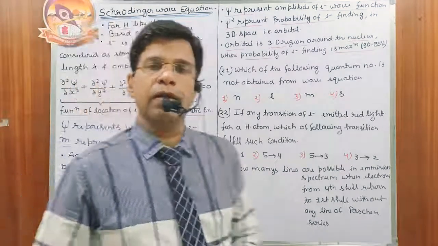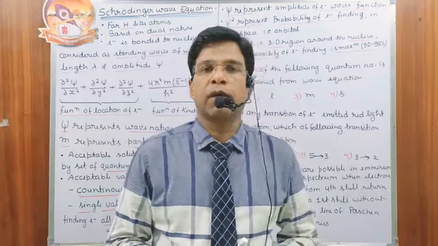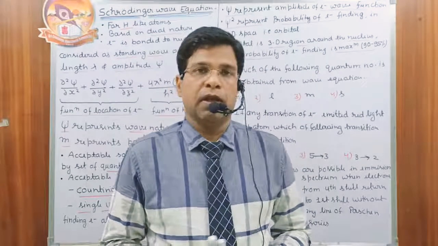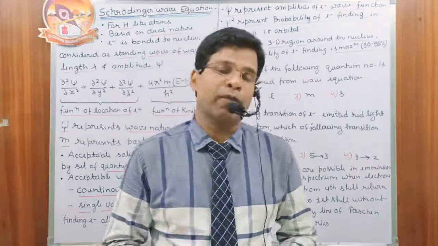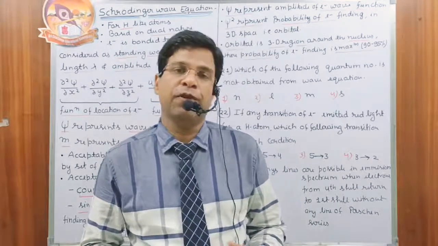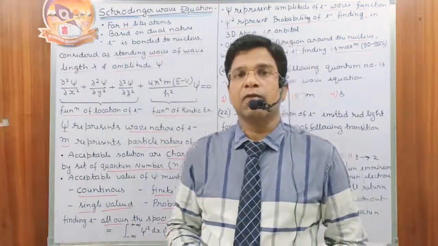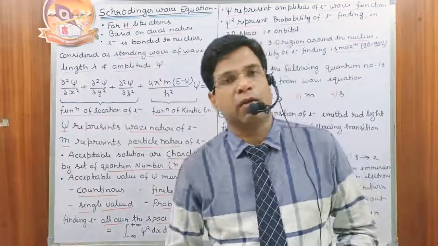Now, the failures of the Bohr's model, the dual nature given by de Broglie, and the uncertainty principle of Heisenberg are finally combined by the scientist Erwin Schrödinger in the form of a single equation, and this equation is called the Schrödinger wave equation. It is the equation which is based on the dual nature of the electron.